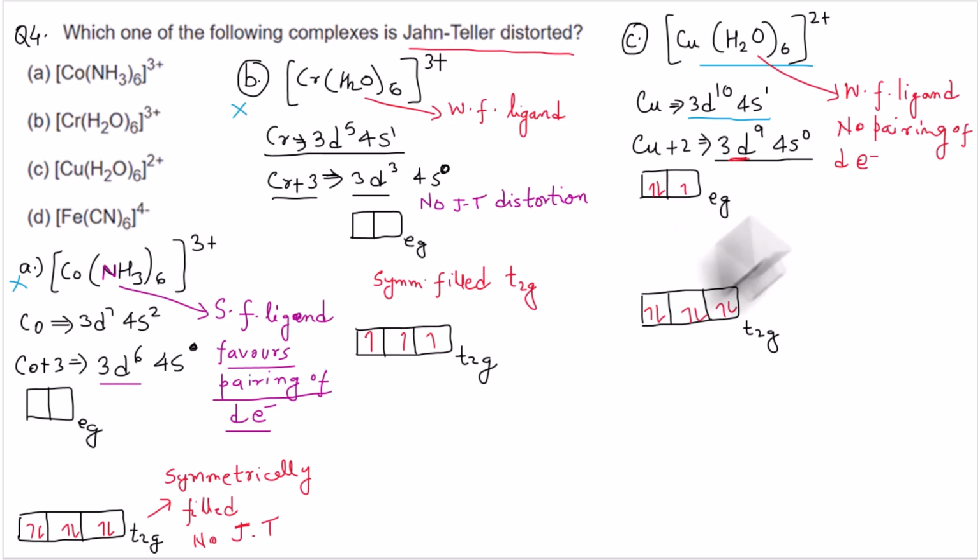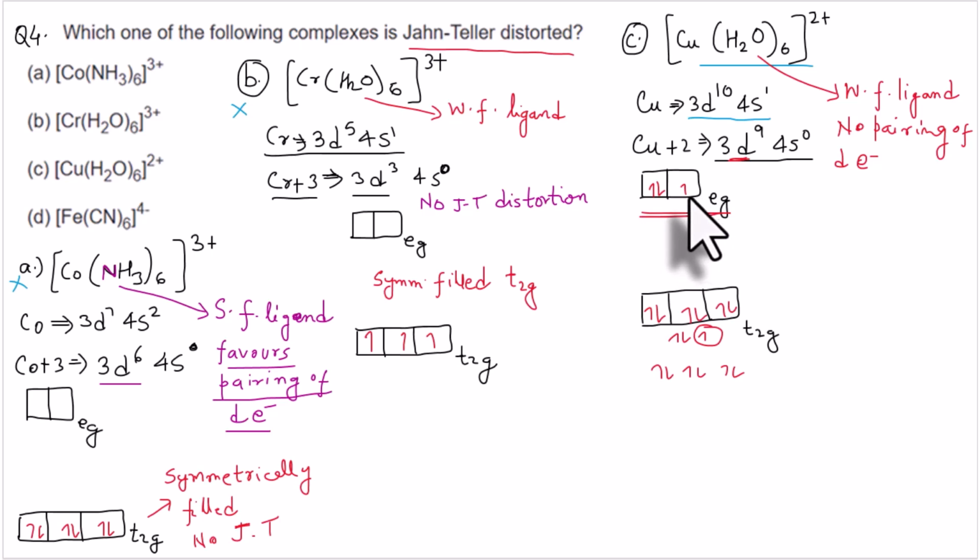Either way, if we go 1 to 6 pairing first in t2g and then go to eg 4, 5, 6, 7, 8, 9, in any case we get one unpaired electron, and that makes the eg orbital unsymmetrically filled. We have 3 electrons in 2 orbitals of eg.